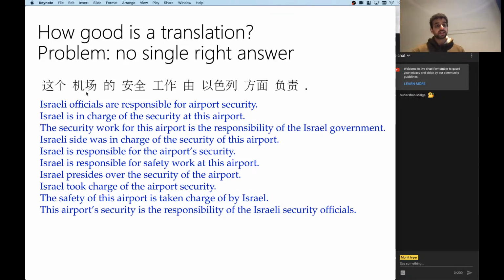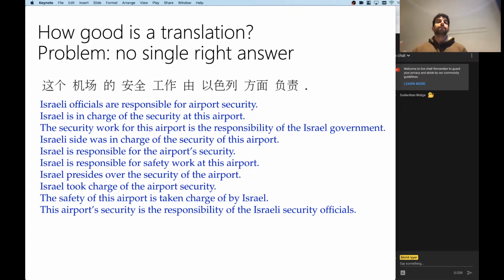So here in this translation, these are all valid translations of this input. Israeli officials are responsible for airport security. Israel is in charge of the security at this airport. Israel is responsible for the airport security. You can see that these are all kind of paraphrases of each other.